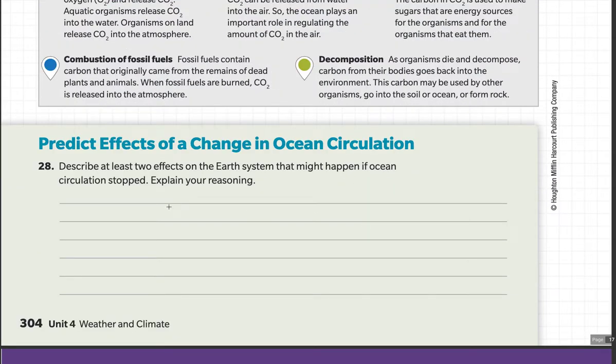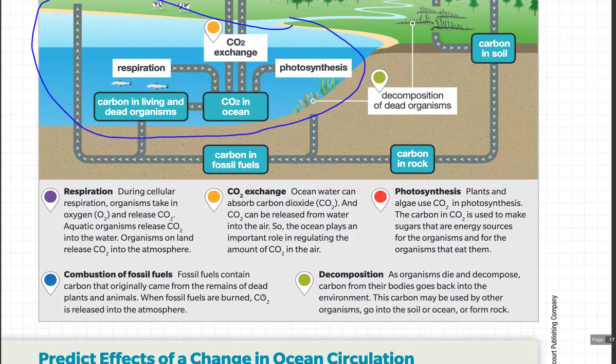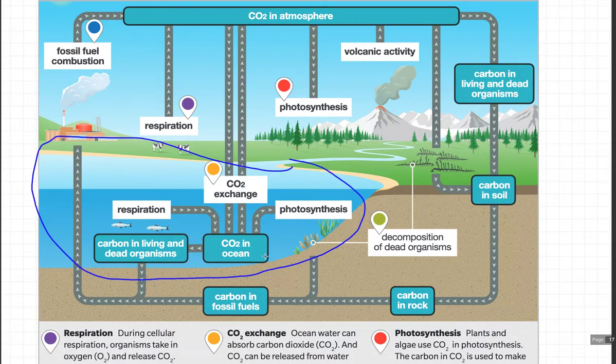This says, describe at least 2 effects on the Earth system that might happen if ocean circulation stopped. Explain your reasoning. So if I go back up here and use this for ocean circulation, first of all, you wouldn't have lots of fossil fuels, because fossil fuels come from organisms dying in the ocean.